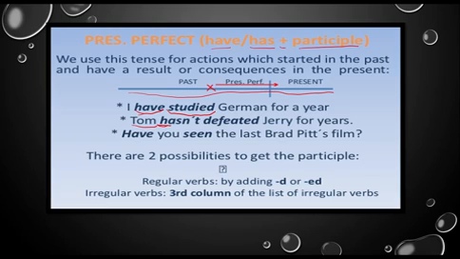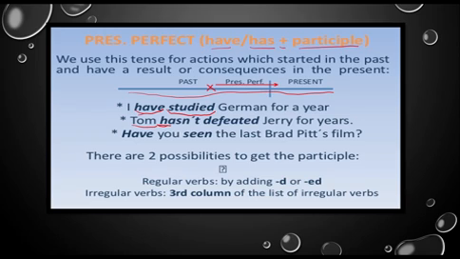Y tú puedes verlo aquí, por ejemplo, dice, yo he estudiado alemán por 1 año. Entonces te está diciendo que lo ha estudiado, pero no te define si lo sigue estudiando. Solo dice, lo he estudiado por 1 año. Te da a entender que esa persona continúa estudiándolo o que al menos lo ha estudiado durante 1 año.